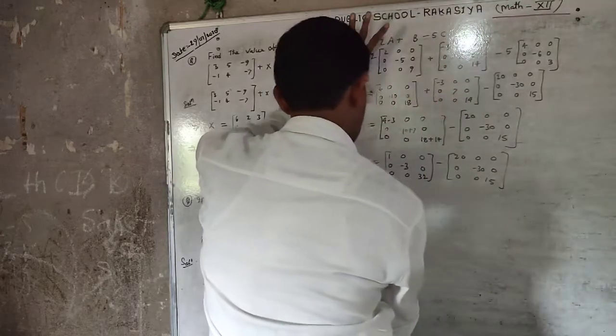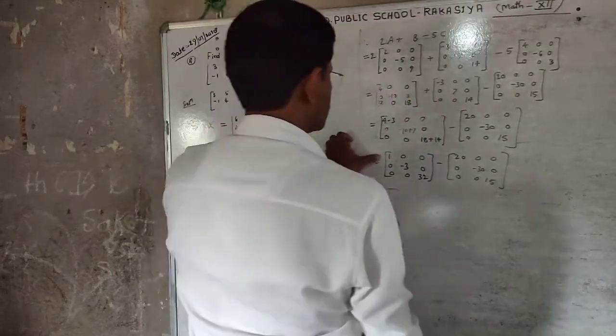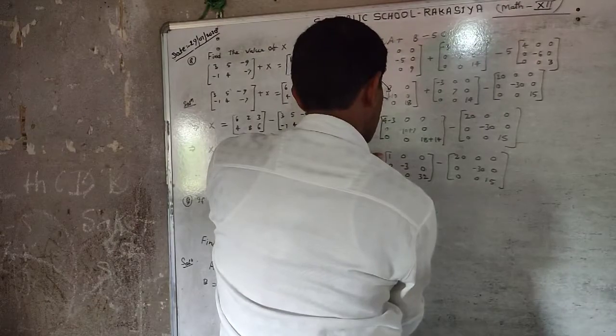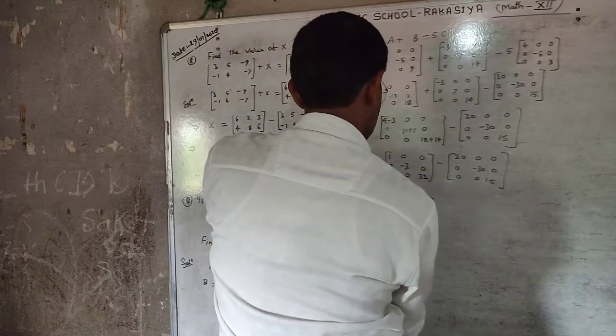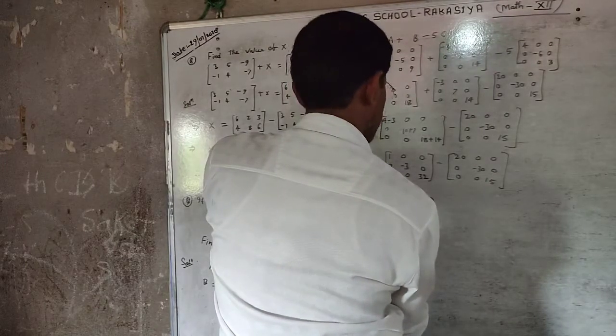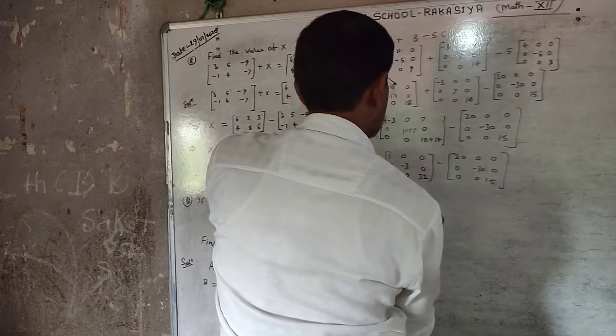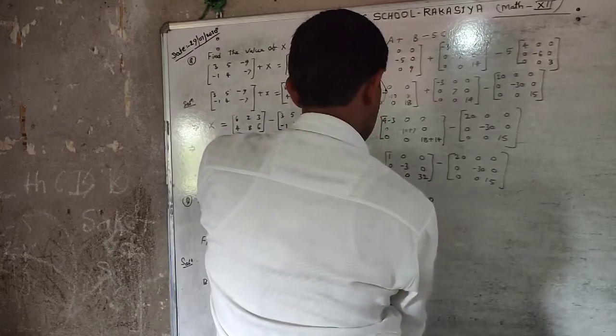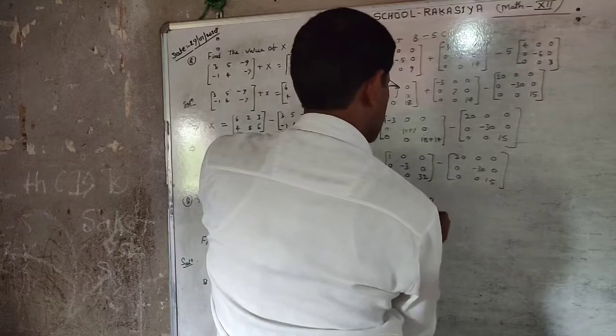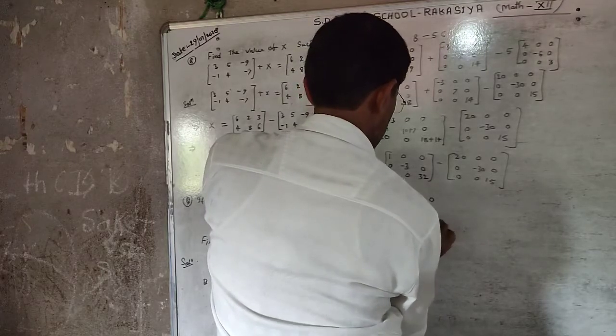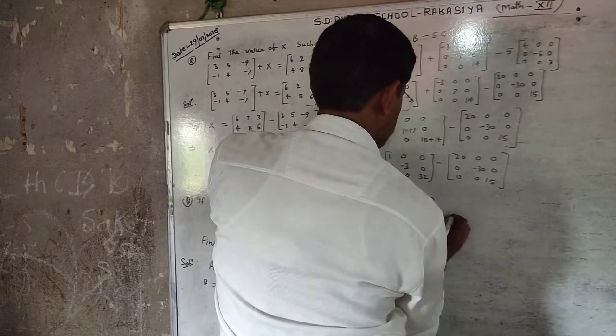We can subtract this: 1 minus 20, 0 0, 0 minus 3 plus 30, 0 0 0, and 32 minus 15.